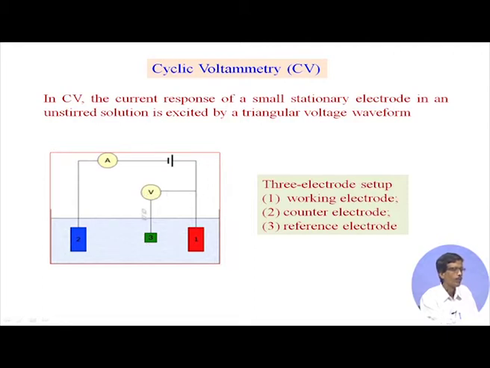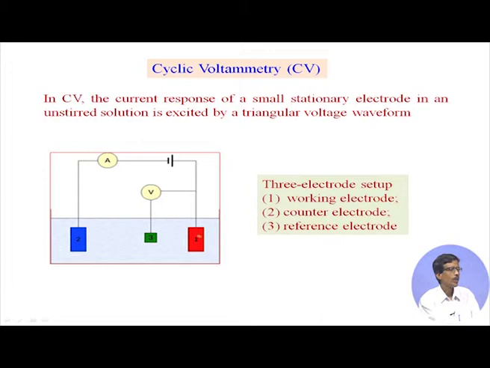So, you have the corresponding one, which is your 3. As I told you, the working electrode is measuring your potential, E or V is being measured. So, the working electrode is responsible for the measurement of V. So, this is one such circuit.